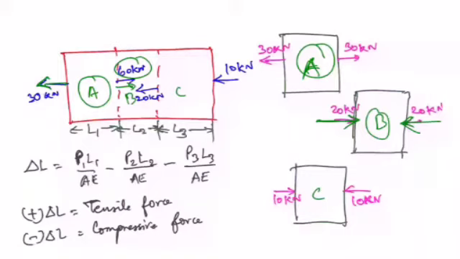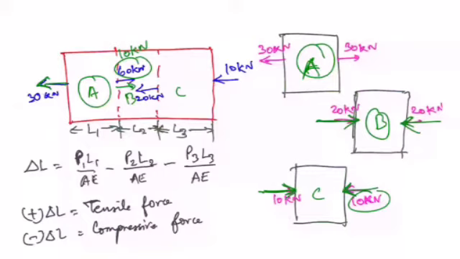Still out of the 60 kilonewton, 10 kilonewton is remaining here. This 10 kilonewton will serve as a force for section C. So it will have a 10 kilonewton rightward force, and from the other end also we have 10 kilonewton force. So this will totally balance the forces here.